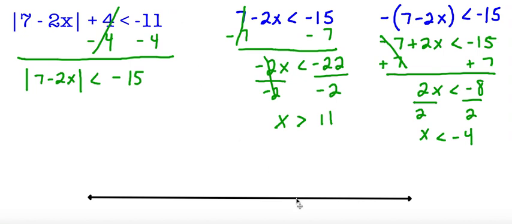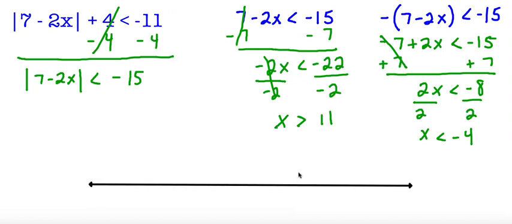So let's see what that looks like on our number line. So I'm going to put negative 4 here, 0 here, and then 11 somewhere here. So for the first one, x is greater than 11. And we're going to shade to the right.